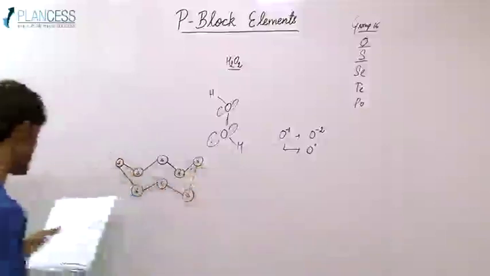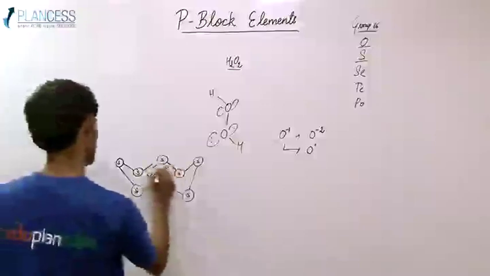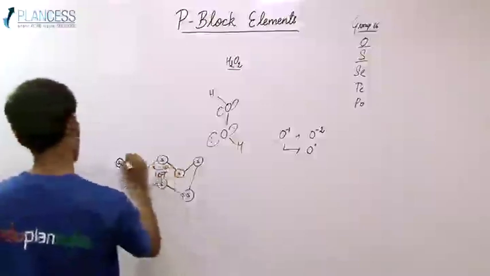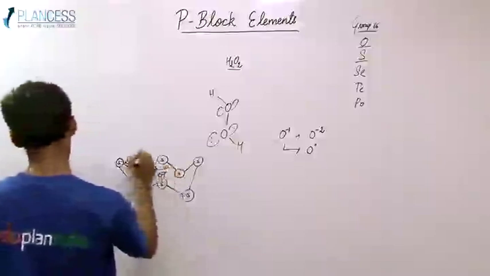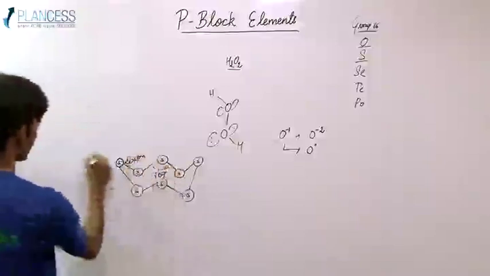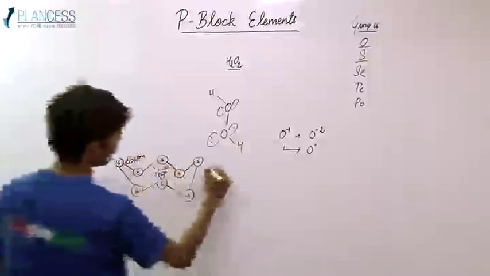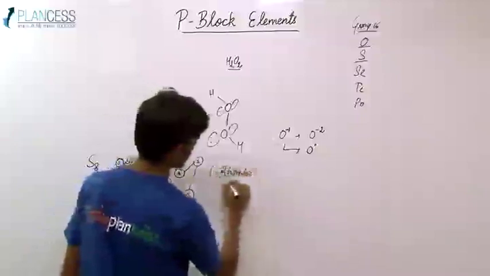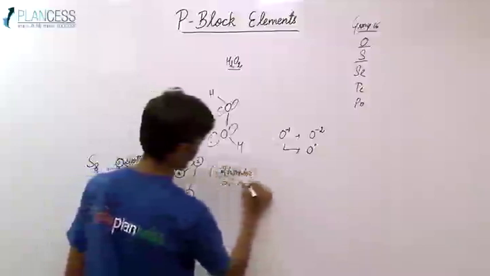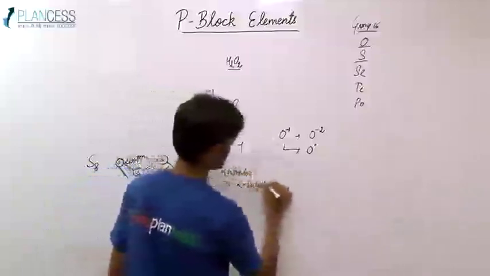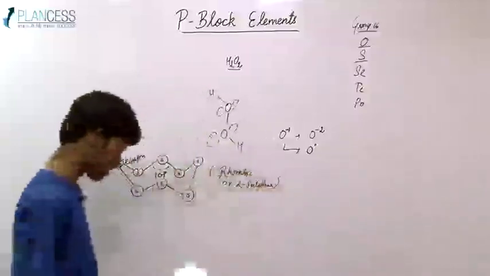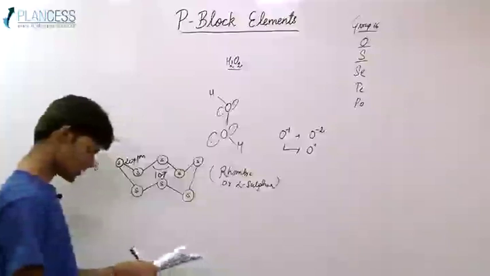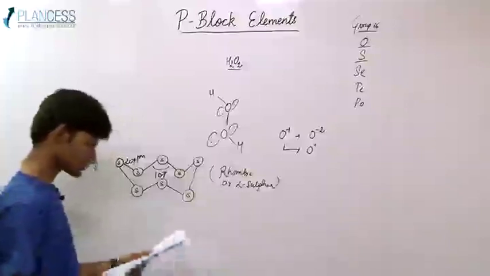It looks like a crown, and this angle is 107 degrees and the bond length is 204 picometer. So it is the S8 form, and this is rhombic sulfur or alpha sulfur.